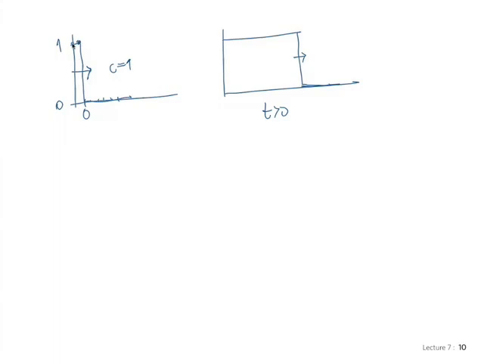Basically, you make your boundary condition be equal to 1, so u at 0 equal to 1. This is going to be your boundary condition, and your initial condition basically is a Heaviside function. Try first your first order upwind scheme, which is the one we used for step 1.